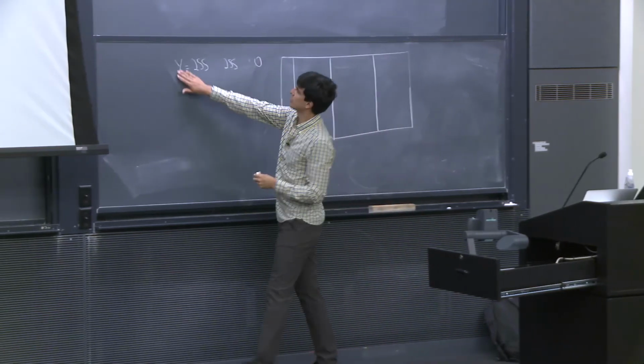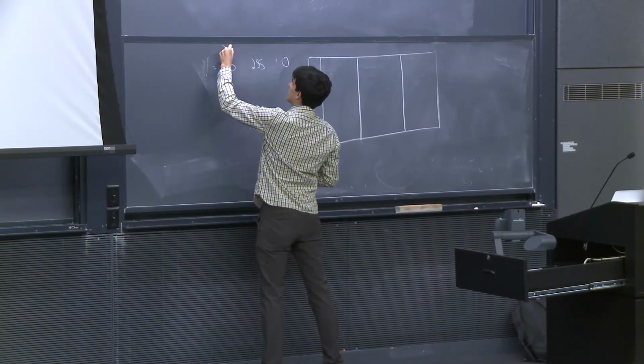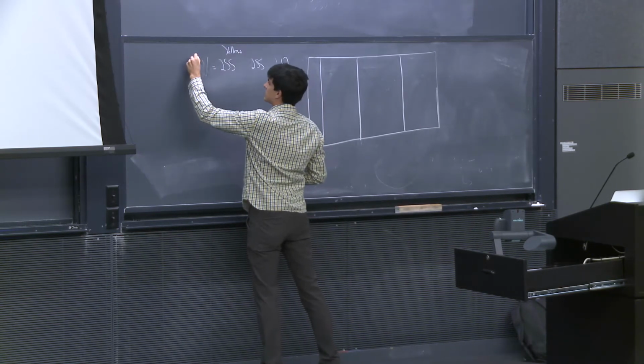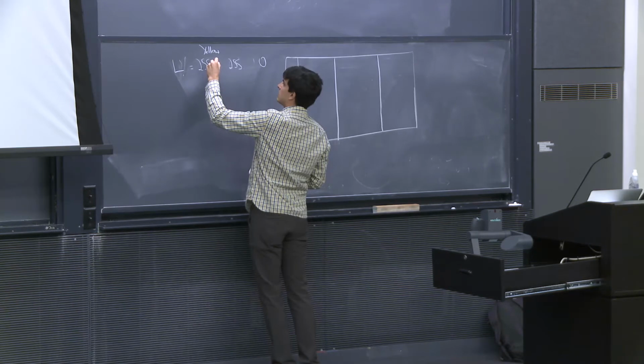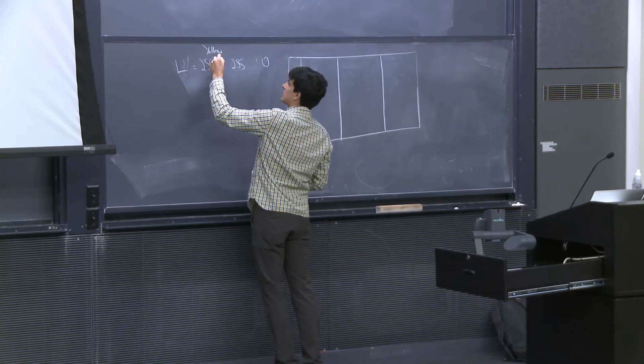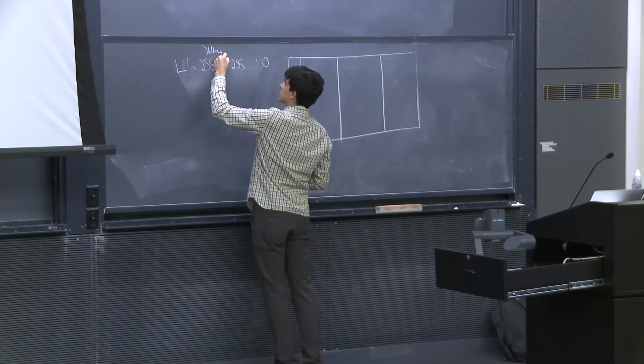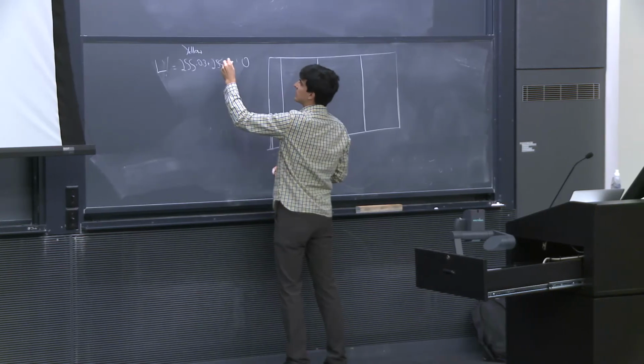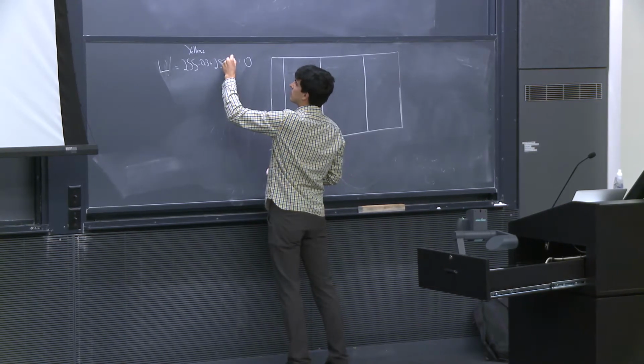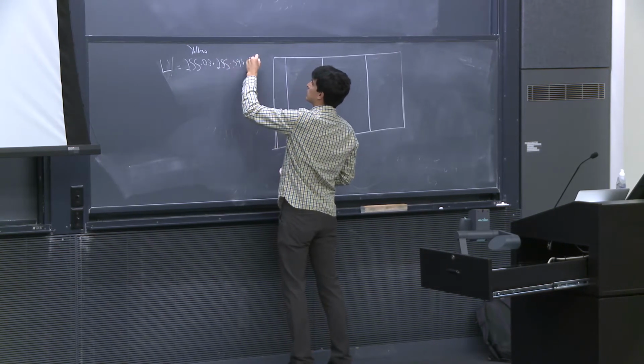So if we were to take our yellow and compute the luminosity for that, which I'll just abbreviate as L, it'll be 255 times 0.3 plus 255 times 0.59 plus 0 times 0.11.